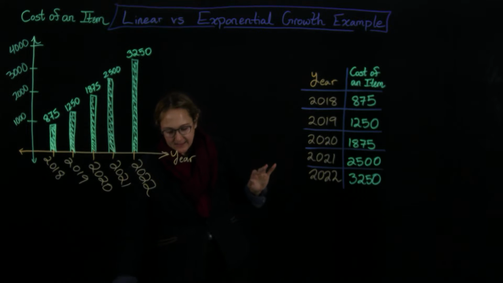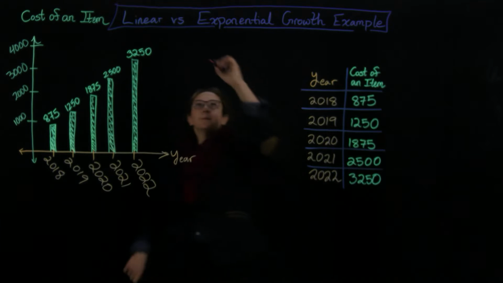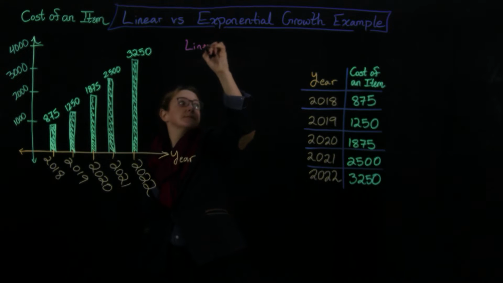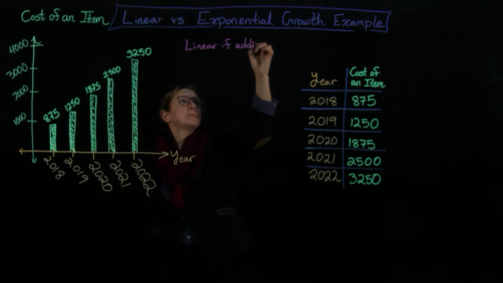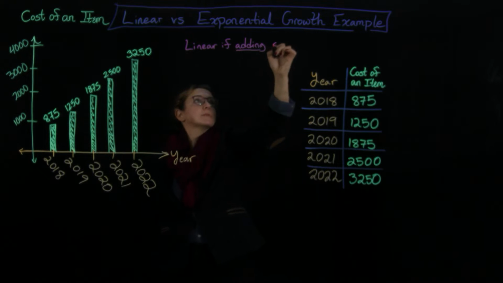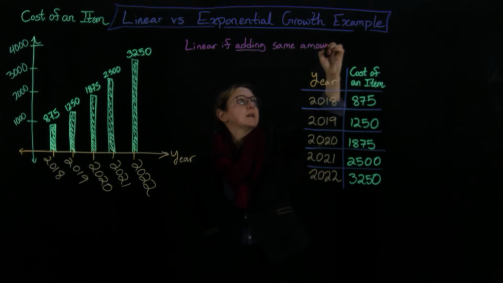You're going to get linear if you're adding the same amount each time.